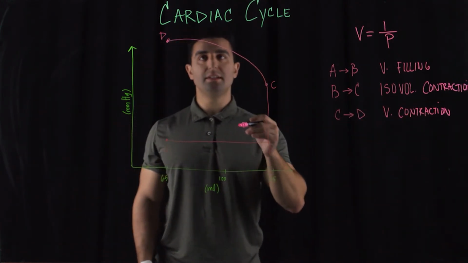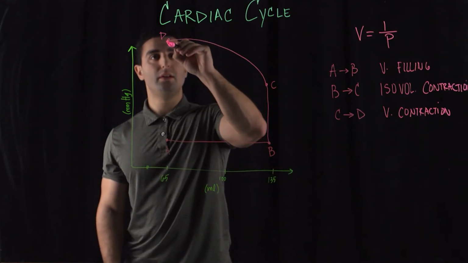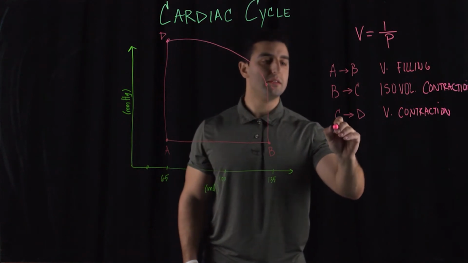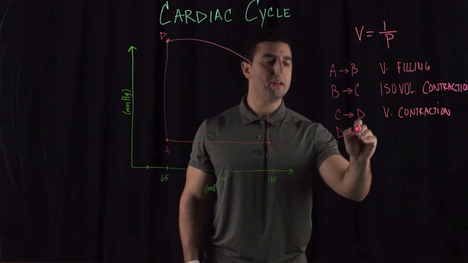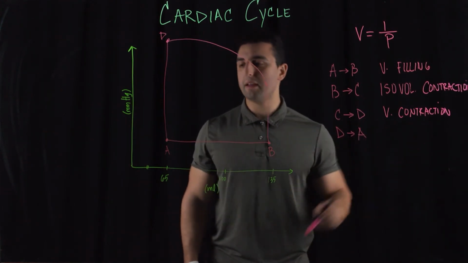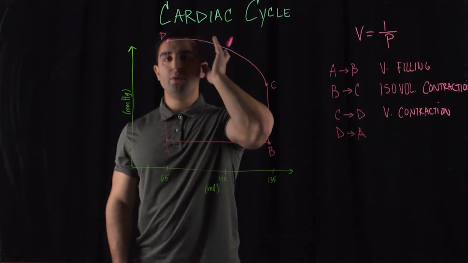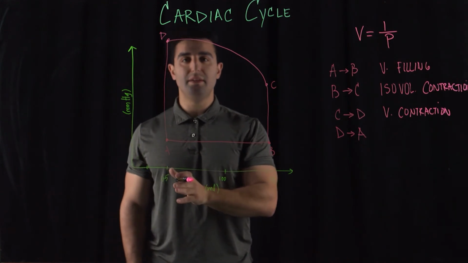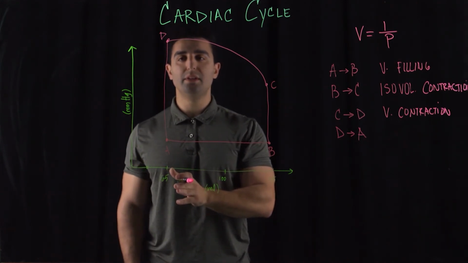And the final phase of the cardiac cycle, going from C to D here, and then D to A, finally, right back. This is where you don't have a change of volume, so the volume remains at 65 milliliters.